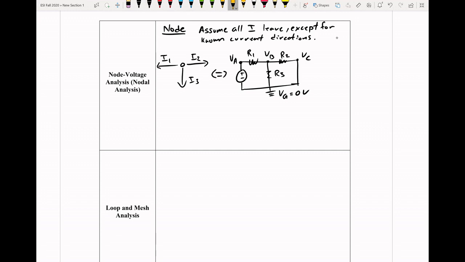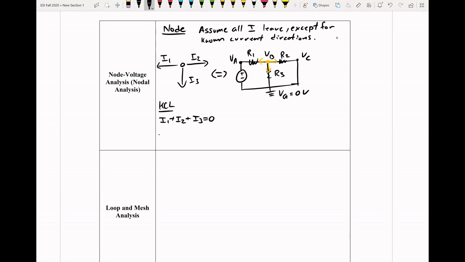And what we'll do is we'll assume that all of our currents are going out of this point. So how do we write the equation? We can say from KCL, I1 plus I2 plus I3 is equal to 0, because they're all exiting.